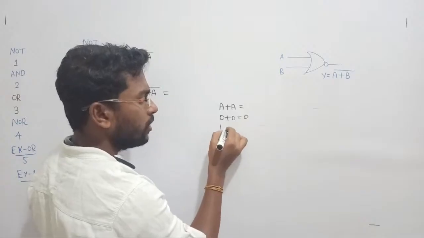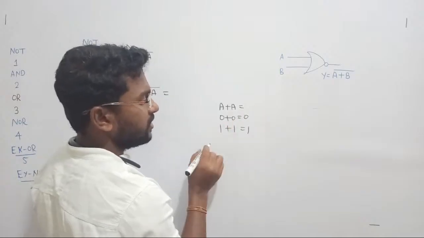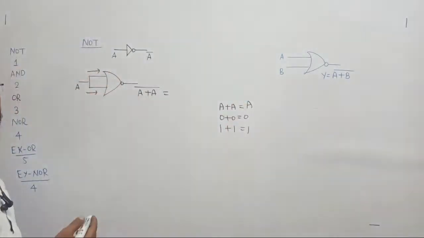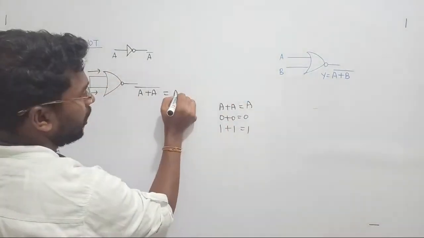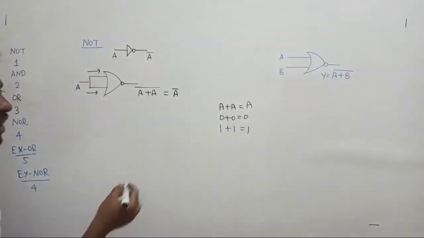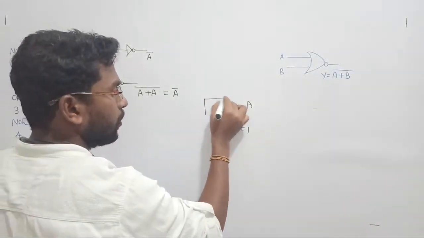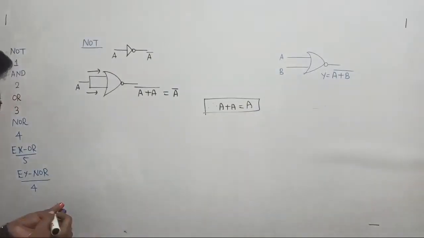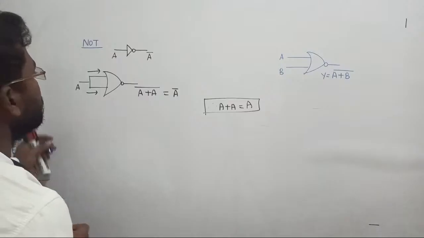If A is 1, then 1 plus 1 will become 1 only, such that whatever value you give for A, that is the output. So A plus A is also equal to A only. So it is equal to A bar. That is the next property, right? So slowly I am introducing the properties just to put them into the box, because they want to register these things, right? Fine. This is going to be the NOT gate.